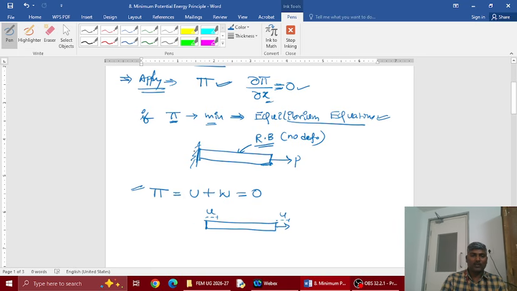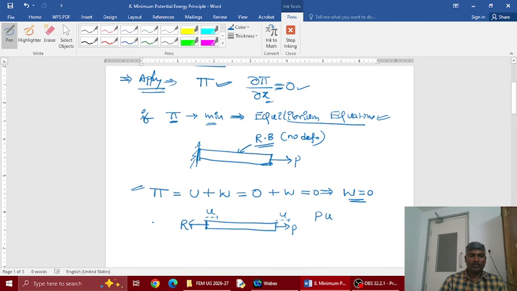As you remove the fixity here, you will have a reaction R. Now pi has to be 0, so I got a condition that total work done shall be equal to 0. Now I'll write the work done. Force and displacement in the same direction are positive.